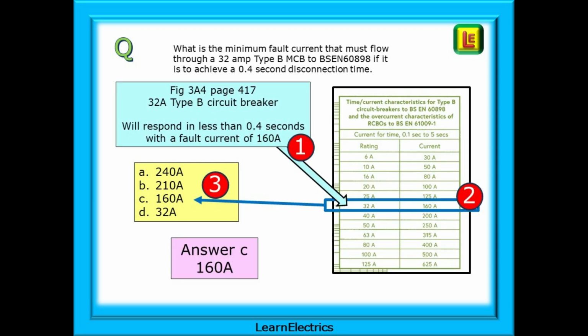Go to figure 3A4 on page 417 and find 32 amp Type B circuit breaker in the chart. This tells us that a 32 amp breaker will respond in less than 0.4 seconds with a fault current of 160 amps. Now select your answer choice, and you should have answer C, 160 amps.